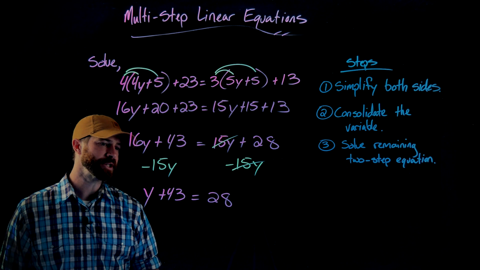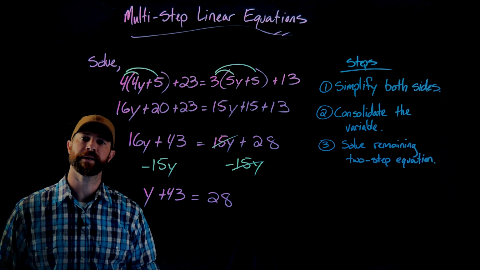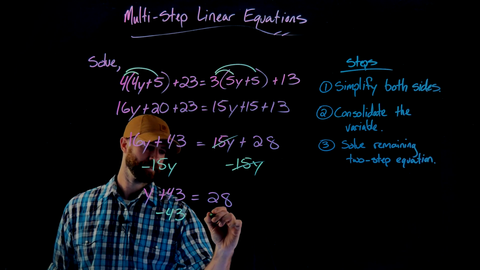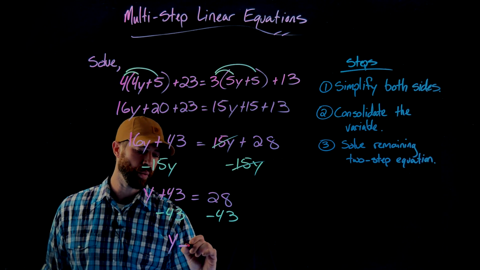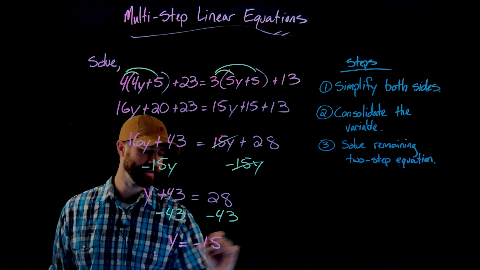And in this case, I just have a one-step linear equation. All I need to do is subtract 43 from both sides. And this gives me a solution of y equals 28 minus 43 is negative 15.